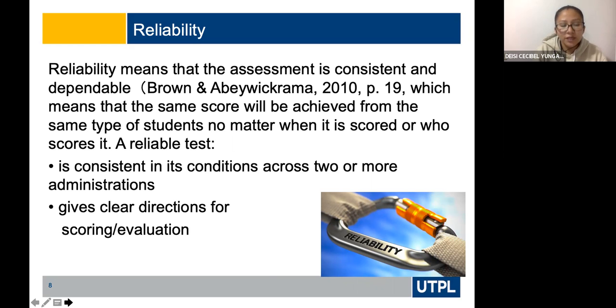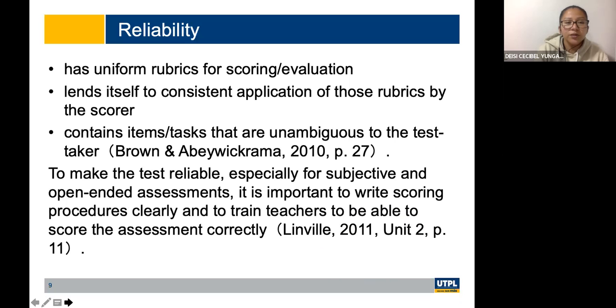A reliable test is consistent in its conditions across 2 or more administrations, gives clear directions for scoring and evaluation, has uniform rubrics for scoring and evaluation, lends itself to consistent application of those rubrics by the scorer, and contains items and tasks that are unambiguous to the test taker.